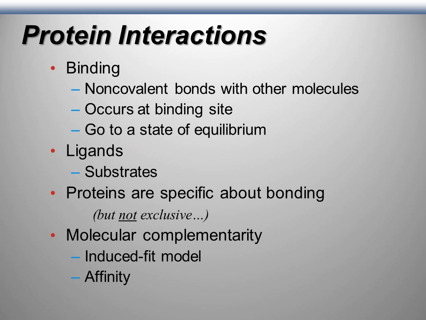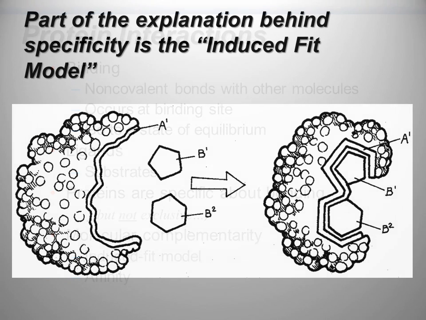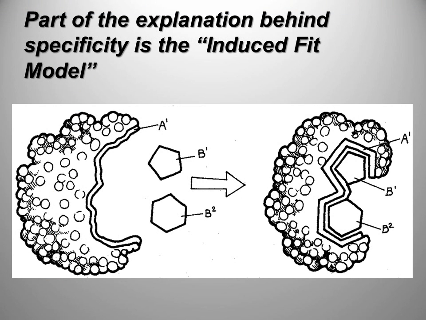This induced fit model, I'll show you what I'm talking about. So here's an induced fit model. What it's saying is that by binding B1 here, let's say this is the binding site for B1, or B prime, I think it's B1. This binding site comes in here, this is substrate 1, and it changes the shape of the protein.